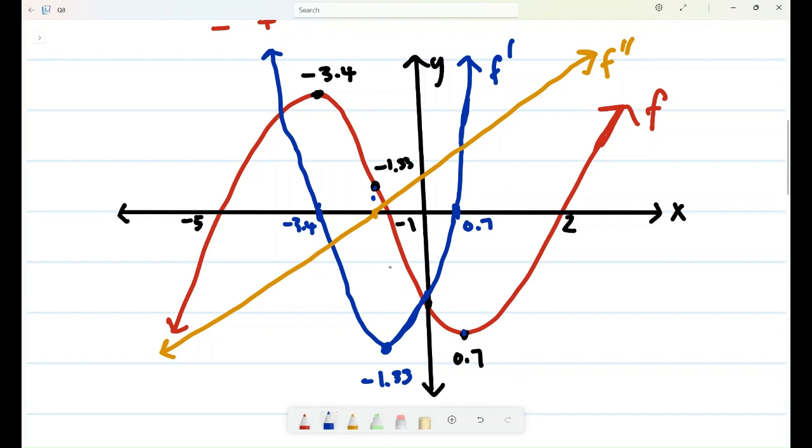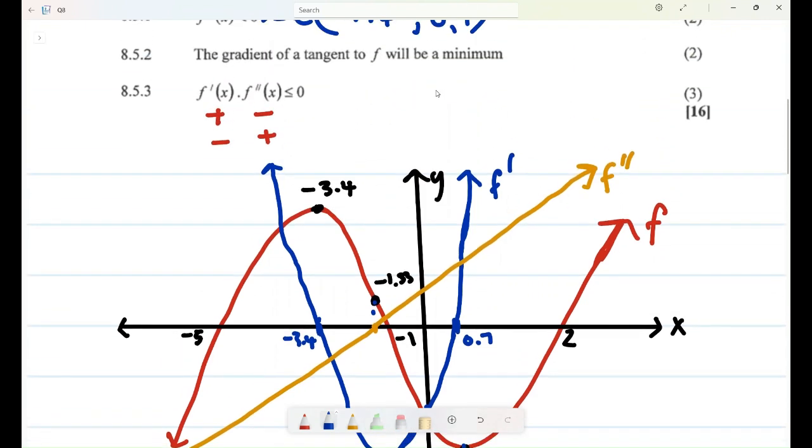Now that I've drawn f prime and f double prime, I'm in a position of answering the question. Now, what do I mean by where I want it positive or negative, negative or positive? When it is positive, I refer to this as above, or let's say positive y values.